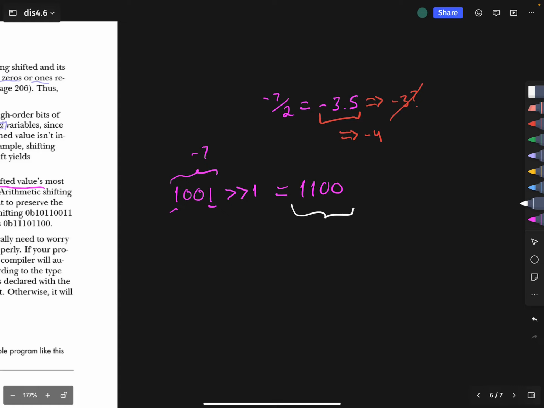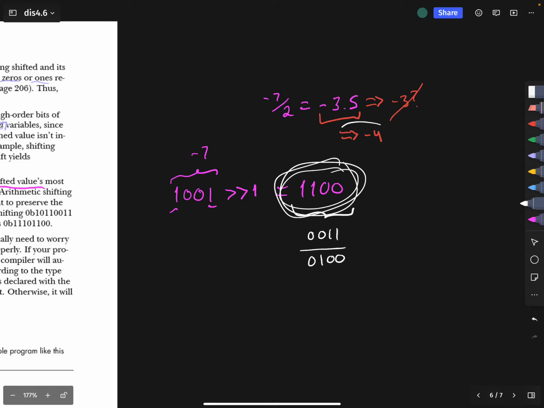If there's any challenge in knowing what this number represents, we can always negate. To negate, we bit flip and add 1, and so we get this. And that is the representation of 4, and it's the negation of this, so this must be -4, exactly as we would like it to be.